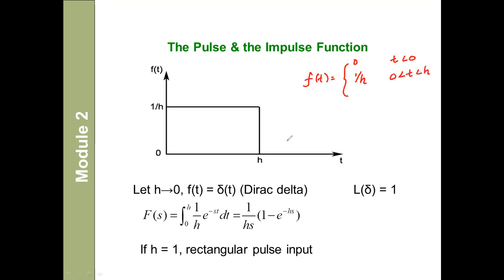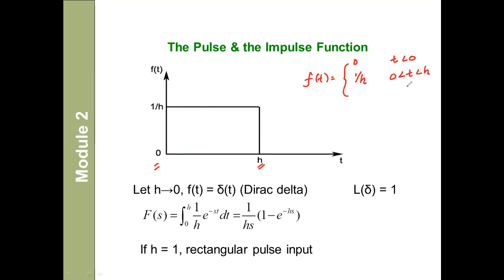Where am I getting this? You see this? This is h and this is 0. So on the time interval 0 to h, the value of the function is 1 over h, meaning it's constant at 1 over h.